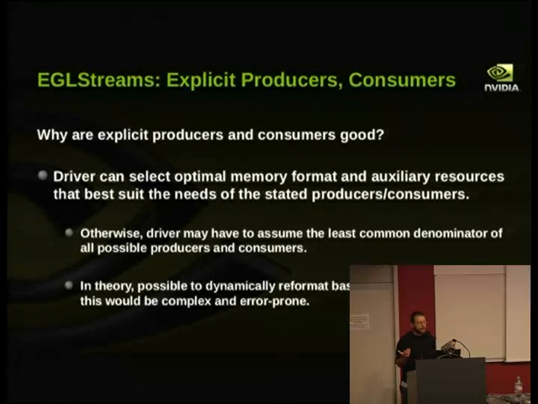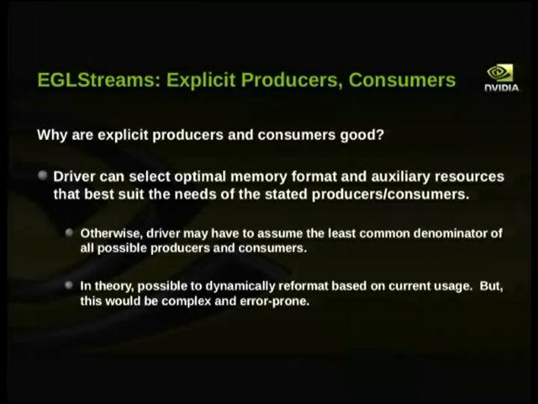So why are explicit producers and consumers good? From the driver's point of view, we have to make a lot of decisions about memory format and additional resources and how we allocate memory. And the more we know about how that memory is going to be used, the better decisions we can make about tiling format and all those sorts of things.